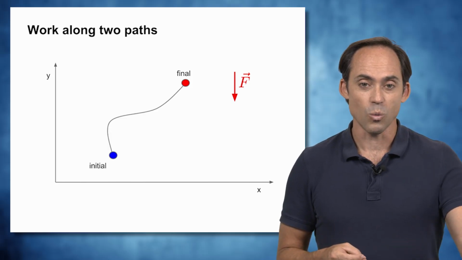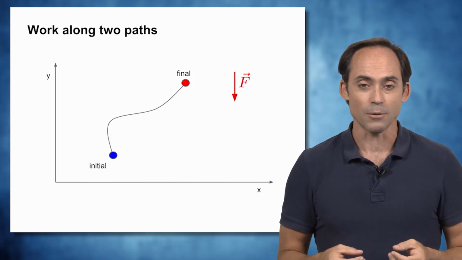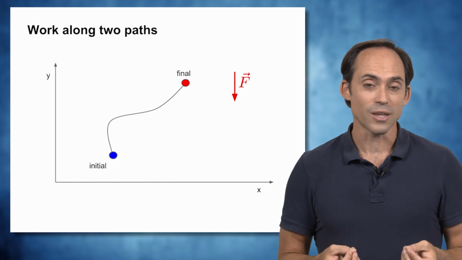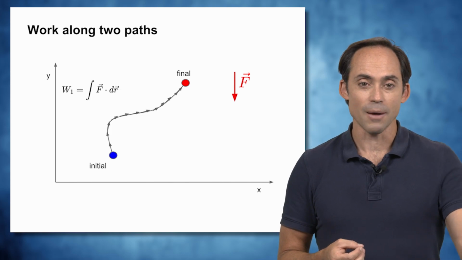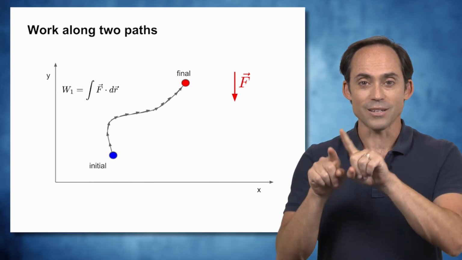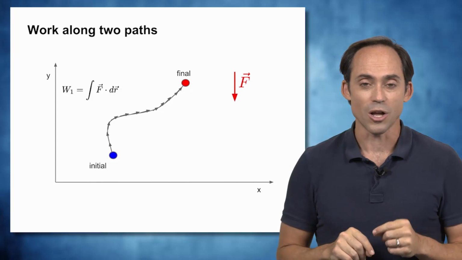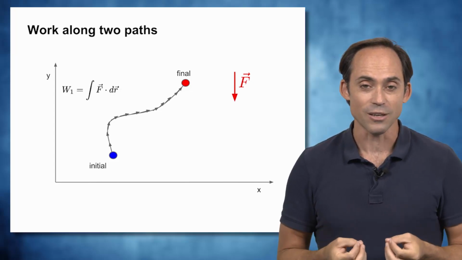So if I follow one particular path from our initial to final point, I can calculate the work that's being done on the object as it travels this path by just adding up all of the force dot displacement elements as we travel along that path. So that's what this integral actually calculates.